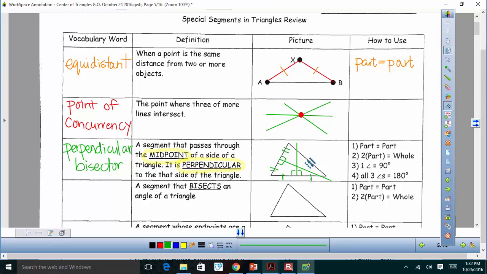I'm going to go to the very middle, and I want to go straight up, or straight out, to form a right angle and to make these sides congruent. Okay, so there's an example of three perpendicular bisectors, right?